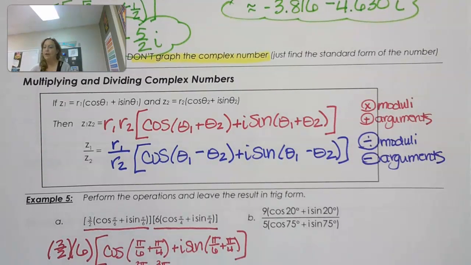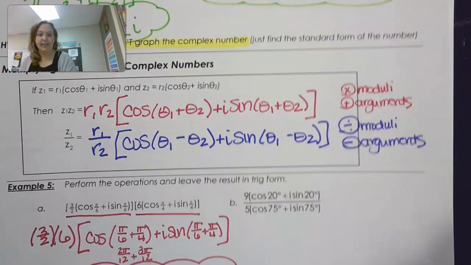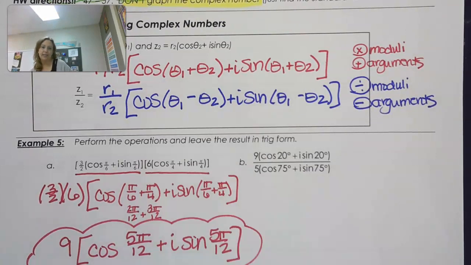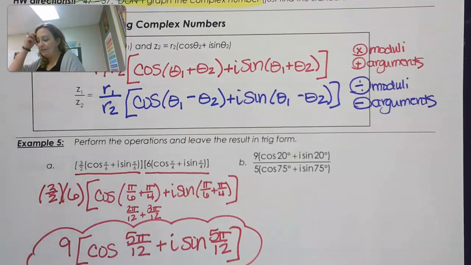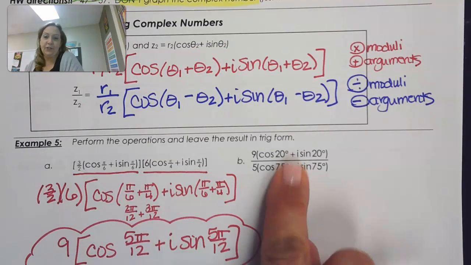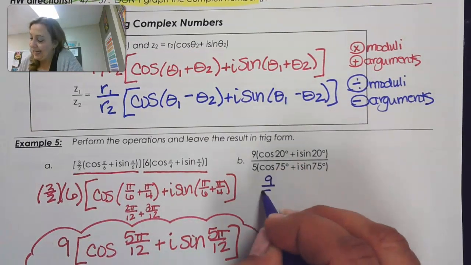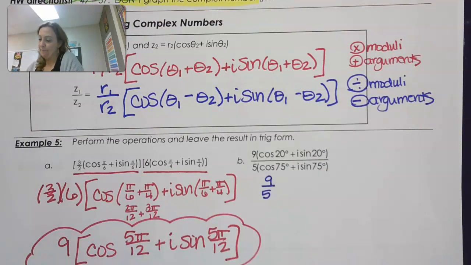In example 5b, we have 9 times the cosine of 20 degrees plus i sine 20 degrees, divided by 5 times cosine 75 degrees plus i times the sine of 75 degrees. So we're dividing these two complex numbers. First I would divide the moduli, taking 9 divided by 5.